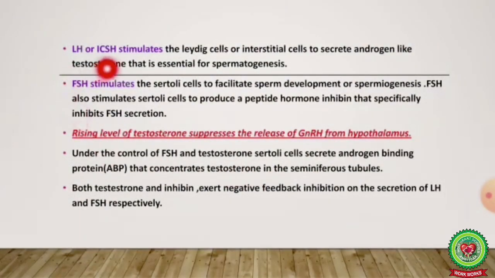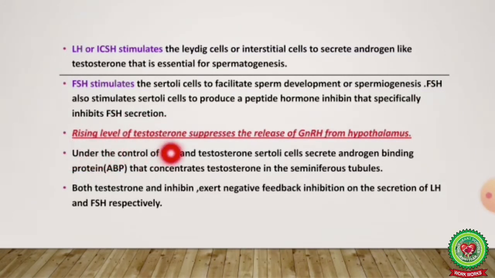LH or ICSH stimulates the Leydig cells or interstitial cells to secrete androgens like testosterone that is essential for spermatogenesis. FSH stimulates the Sertoli cells to facilitate sperm development or spermiogenesis. FSH also stimulates Sertoli cells to produce a peptide hormone inhibin that specifically inhibits FSH secretion.